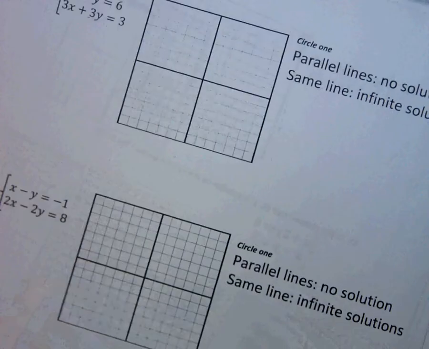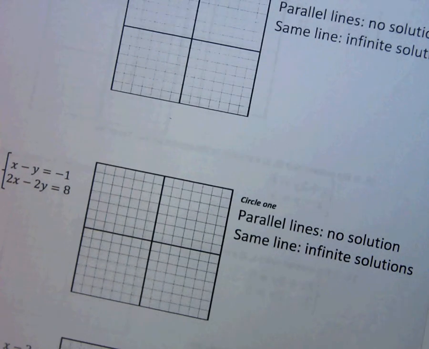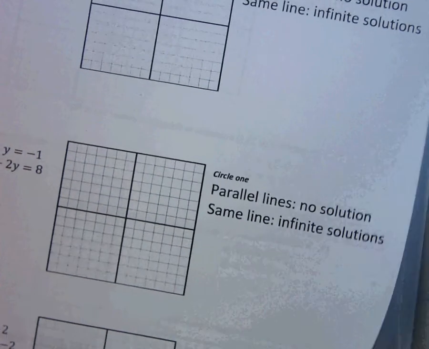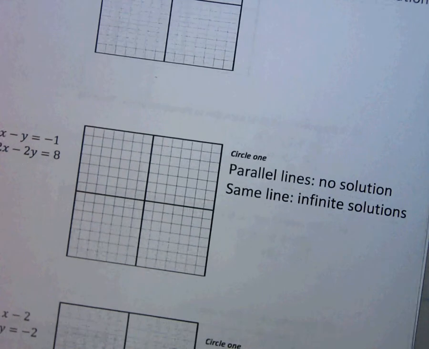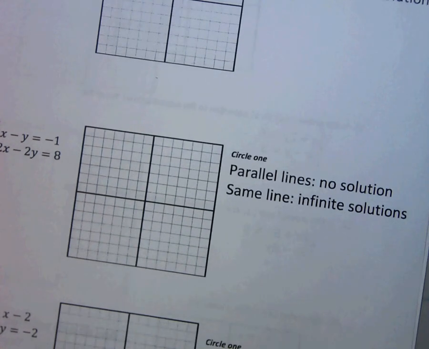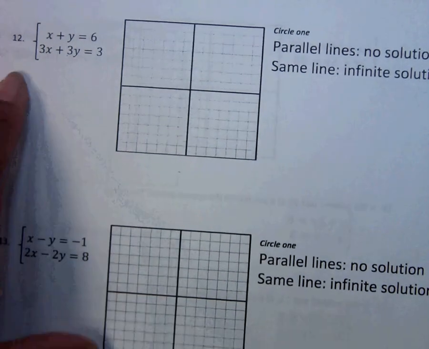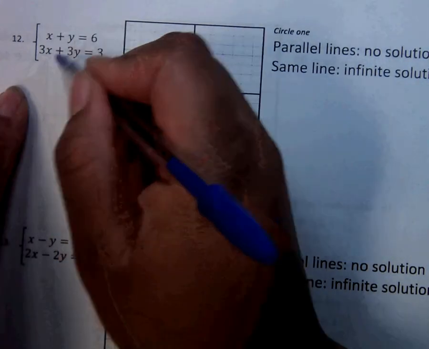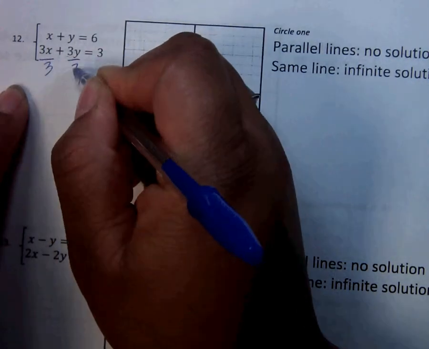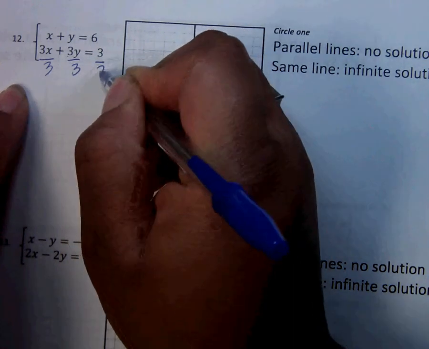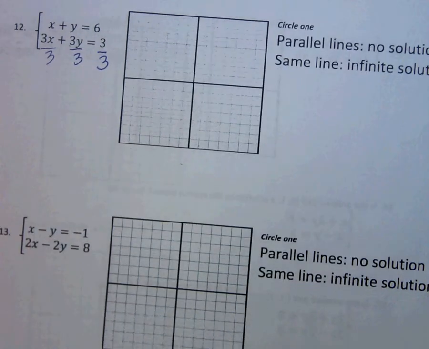Let's do number 12. It gets interesting. We still have to solve them for y, but we are not dealing with one solution anymore. We're dealing with no solution and infinite. So I'm going to go ahead and solve this bottom one for y. Tell me, what did I do wrong?